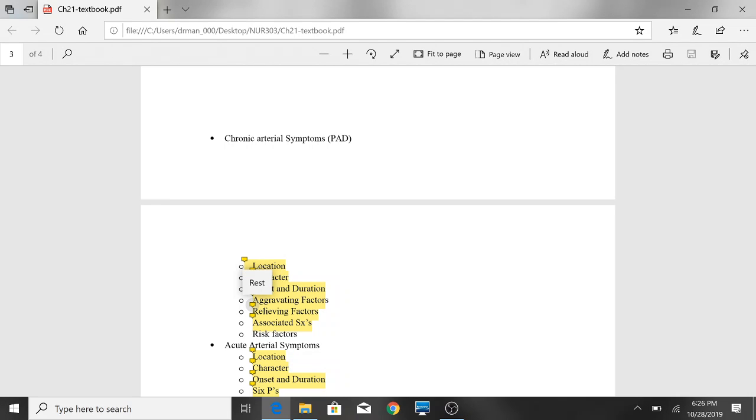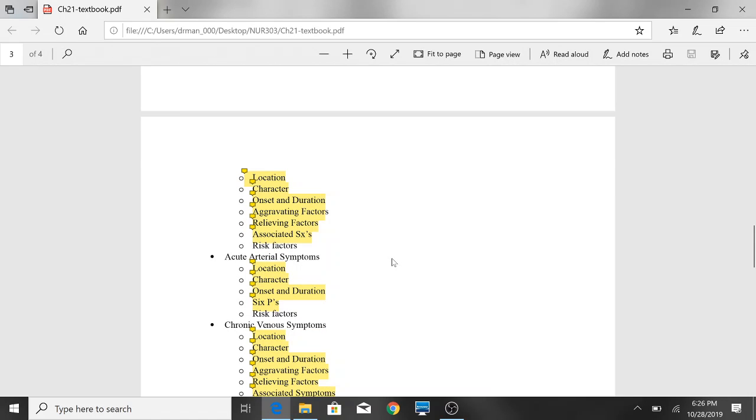Some of the symptoms: cool, clammy skin, cool, pale skin, a low ABI. Some of the risk factors: African Americans and smoking, strongest risk. Basically those.